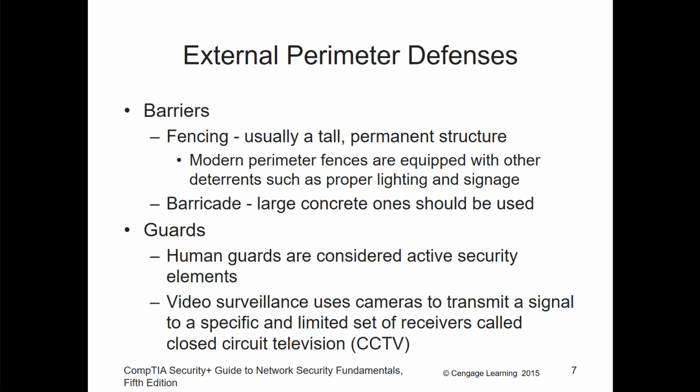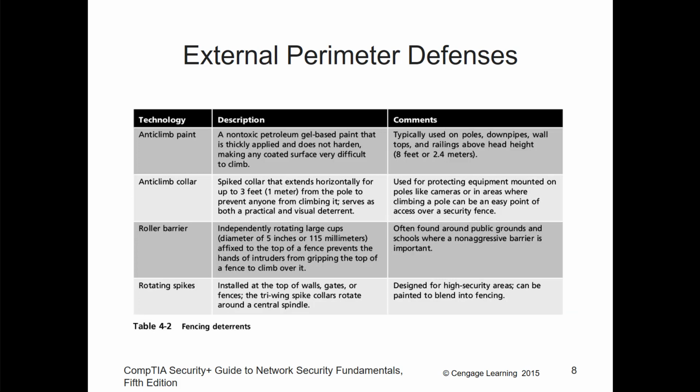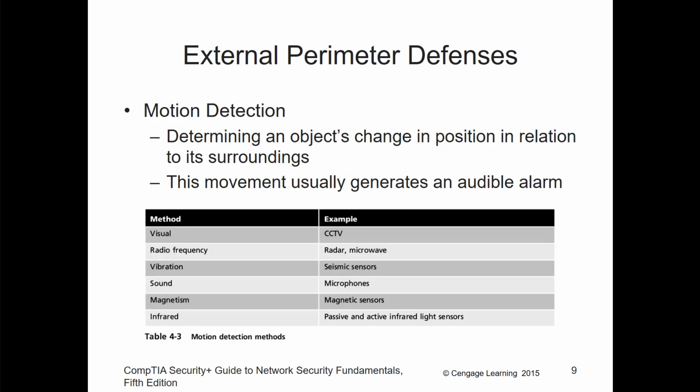Barriers could be fencing and barricades. Guards could be a human guard, or could be an electronic guard like a CCTV system. Again, we have the different types of technology and the descriptions, like anti-climb paint, collars, roller barriers, and rotating spikes. These are all more fence deterrents.